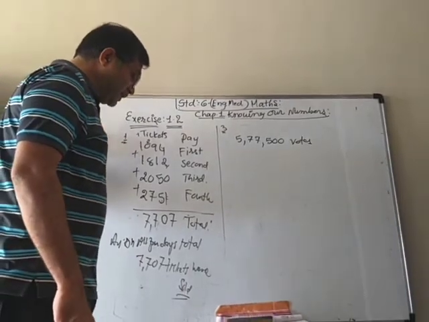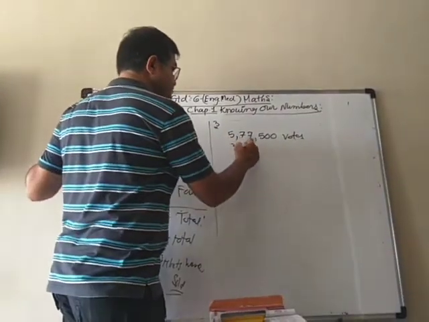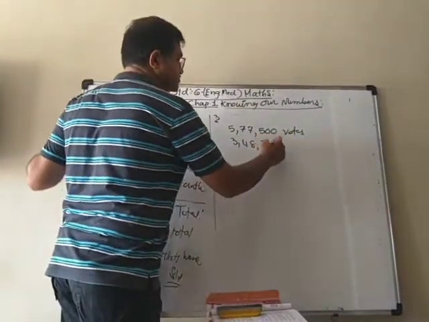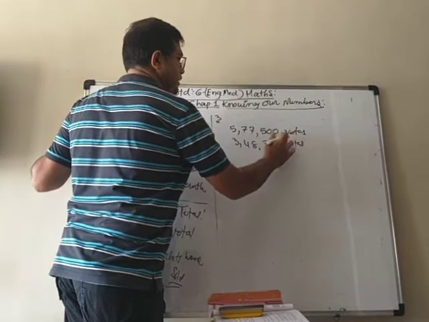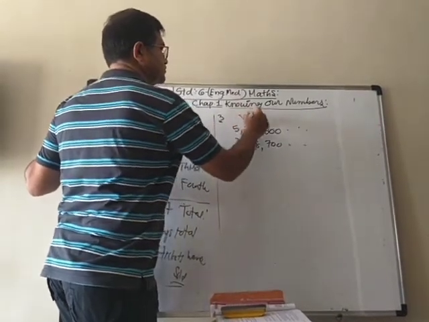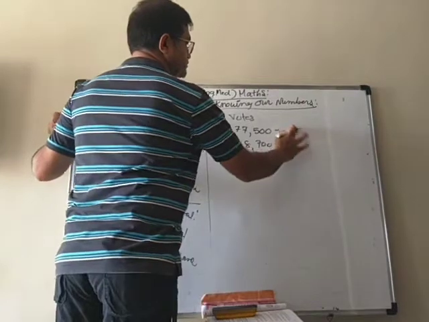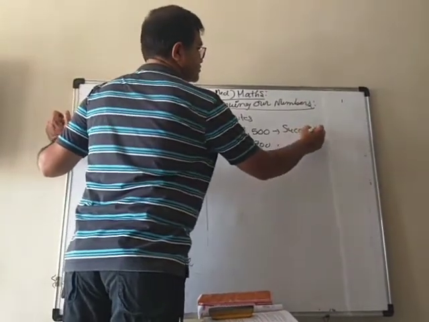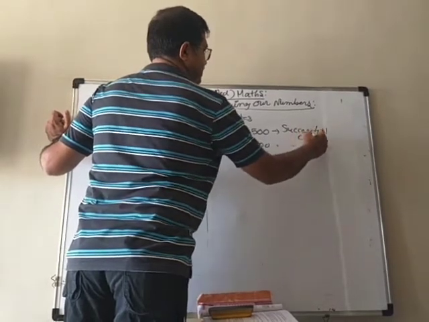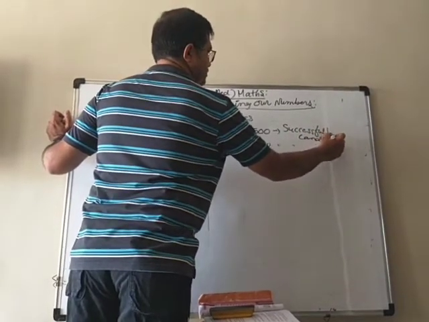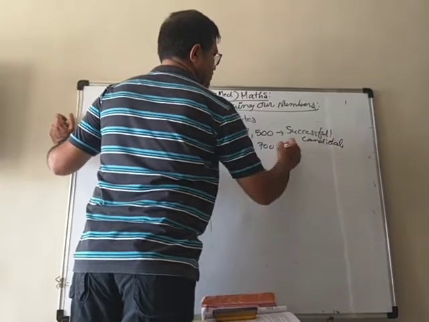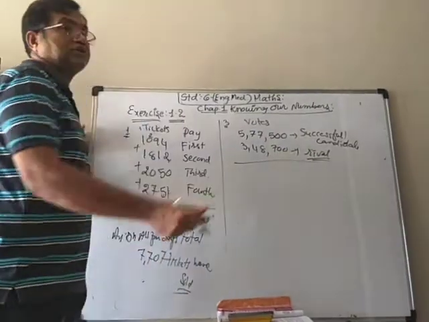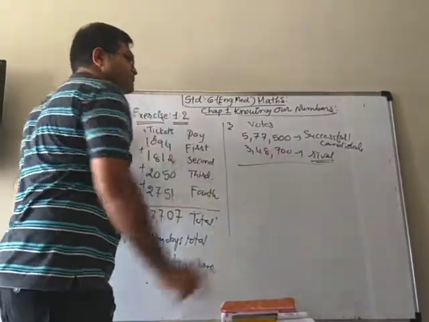And the rival, the other one, got 3,48,700 votes. You can write down votes here. This is the winner, or you can say the successful candidate got this. And the rival means the next to it, he got this many votes.